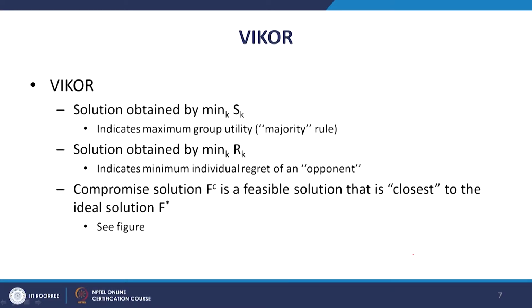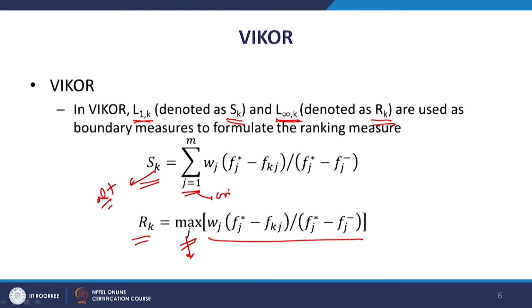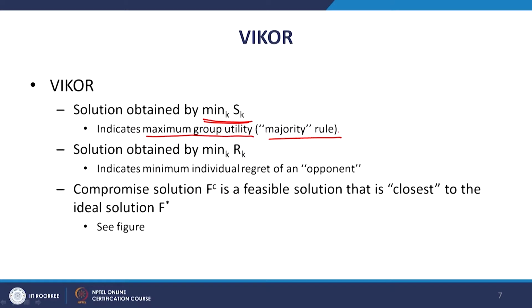So, let us move forward. If we obtain a VIKOR solution using min k Sk, that means all the S values for different alternatives will be determined and we find the minimum S value, which would indicate maximum group utility, the majority rule. What do we mean by this? If you go back to the expression, this is a summation over criteria, a summation of weighted scores.